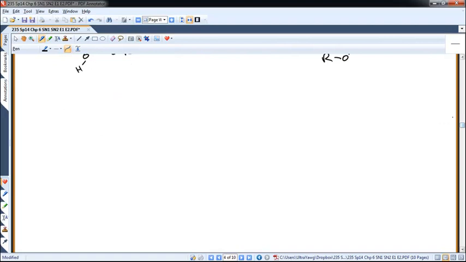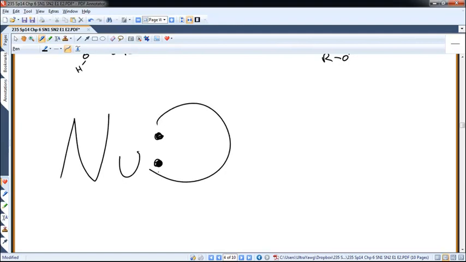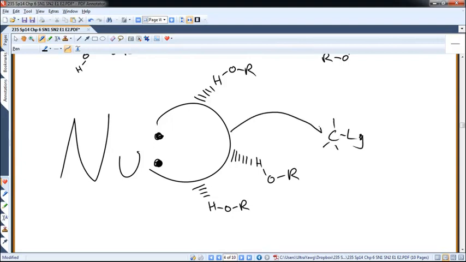Let me be a little silly the way I draw this. Consider I had a big nucleophile with a big fat polarizable orbital. Now, when those hydrogen bonds interact with the lone pair, there's still plenty of orbital that can do the job.